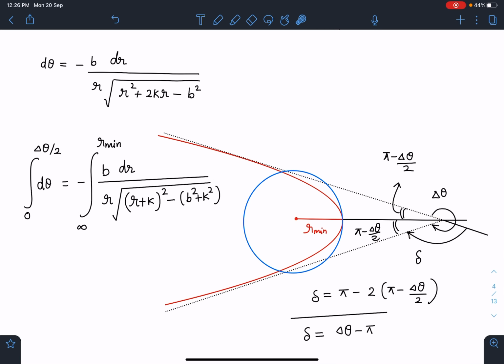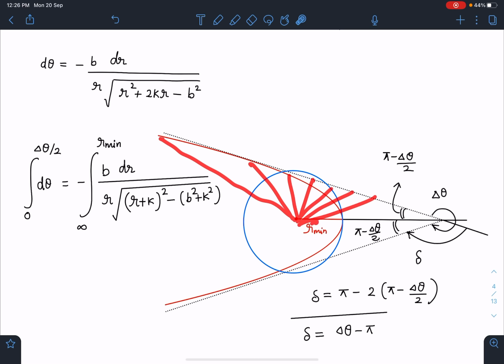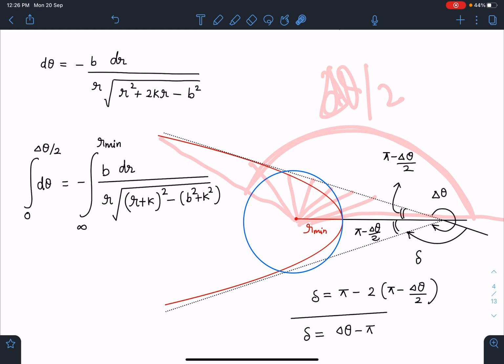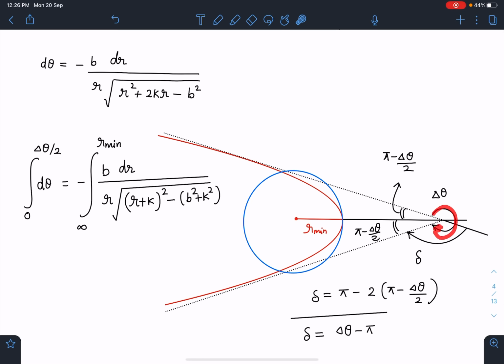Now if you see here clearly, initially this is the line joining, and after some time this angle d theta keeps adding here, keeps adding, and finally this angle will be delta theta by 2, or you can say total delta theta by 2, or double of this I can say is nothing but delta theta.